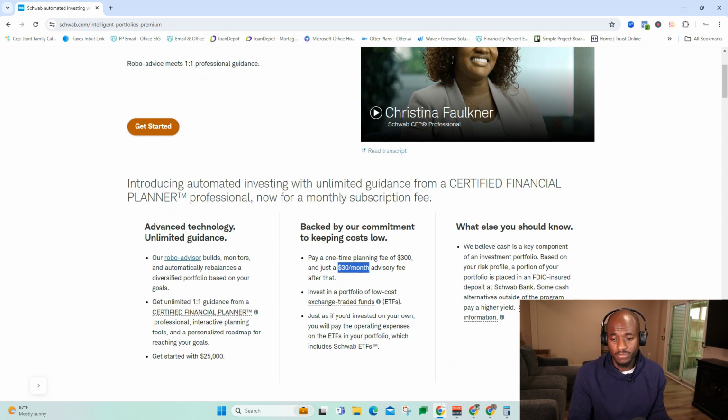And as far as that's concerned, I mean, it really balances out to about 2.64%. And that's because the minimum for this type of Schwab Intelligent portfolio is $25,000. So in order for this to make sense, you probably want to have a little bit more than 25,000, but 2.64% seems a little high for managing 25,000.